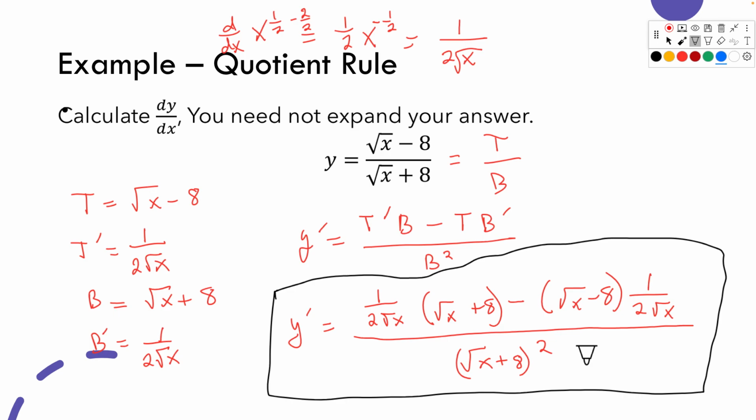What does the textbook do? I think the reason I chose this one, I'm going to show you a technique that I think the textbook will do, is there's this 1 over 2 square root of x. So one method, when we've got a complex fraction, a fraction and a fraction, is to get rid of that fraction in the top by multiplying by the denominator.